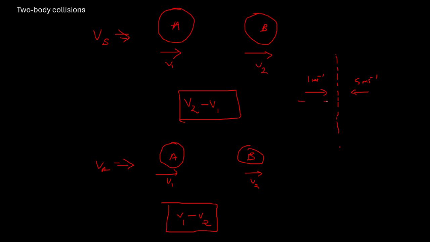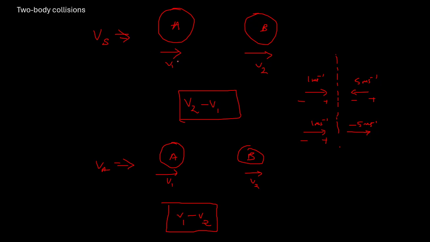It's moving from negative to positive, and this one's moving from positive to negative. So in order to flip that polarity, we need to actually convert this into a new system, which we don't change 1 meter per second, but we change this 5 meter per second into negatives. We need to make sure it is in the formula we are able to accept.